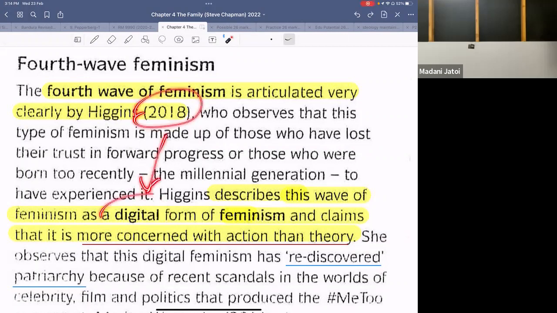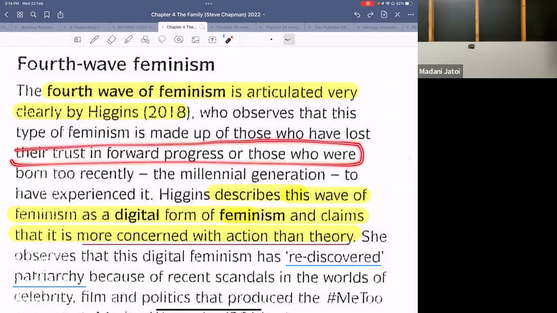Higgins observes that this type of feminism is made up of those who have lost their trust in forward progress or those who were born too recently. The ideas, notions, and philosophies put forward by earlier conventional feminists are seen as outdated today by these digital feminists.